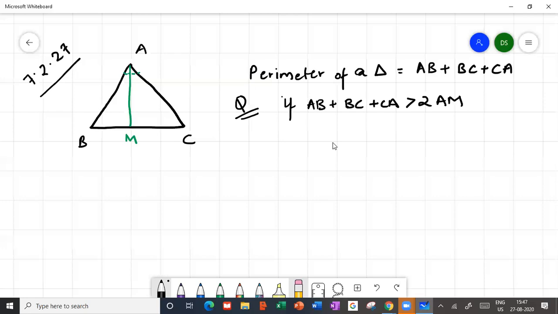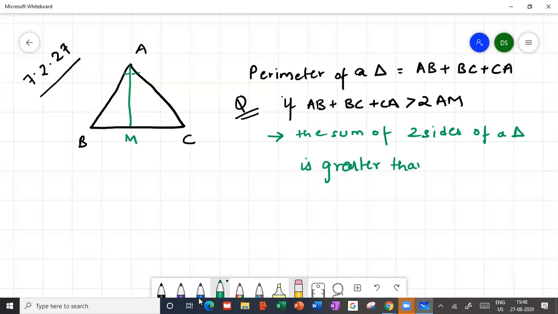How will we prove that? There is one property. Are you aware of this? The sum of two sides of a triangle is greater than the third side.